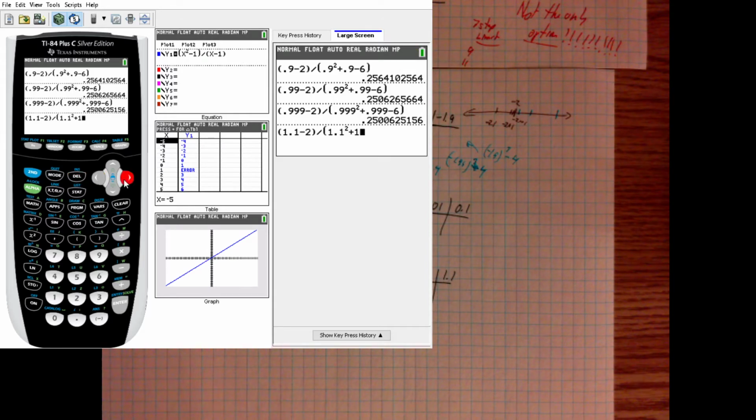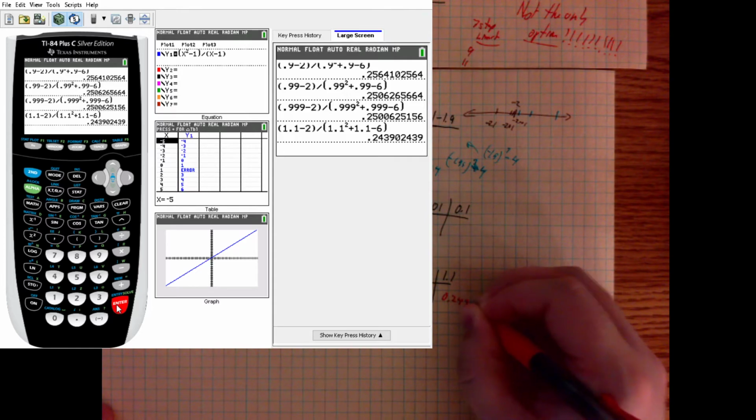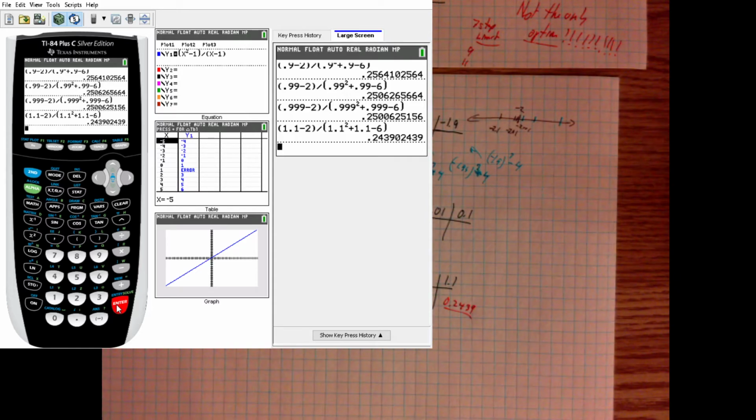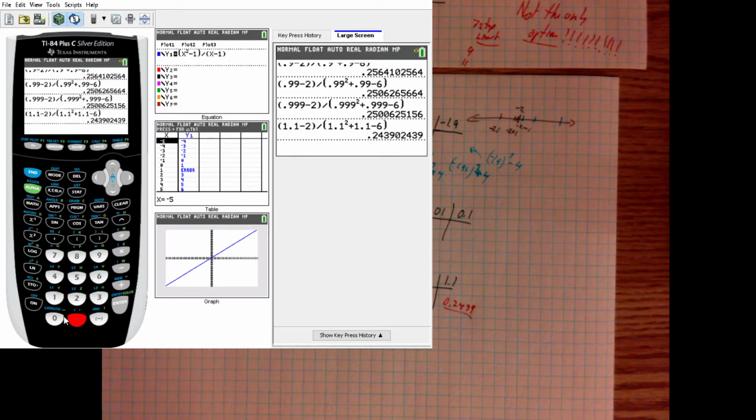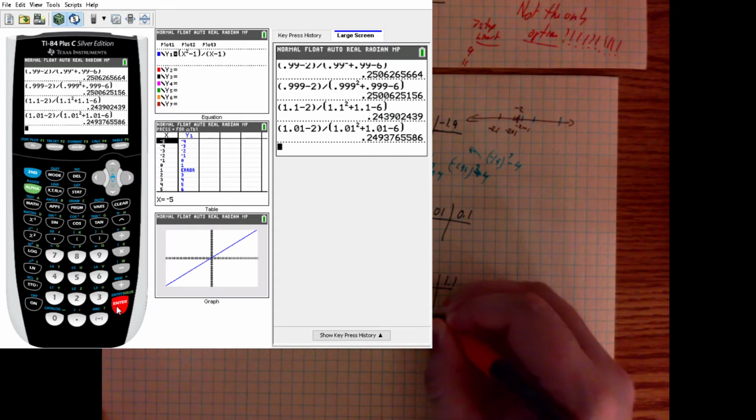It says this is 0.2439. Okay, I'll do it again. 1.01 minus 2 divided by 1.01 squared plus 1.01 minus 6, which gives 0.24937.